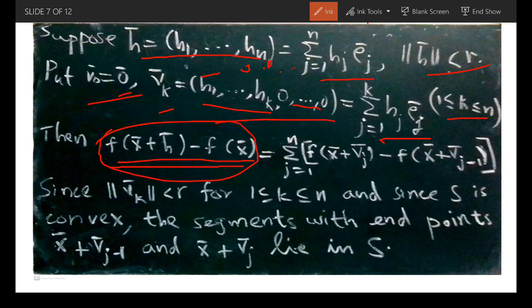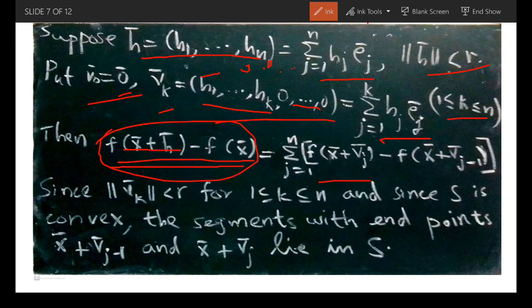Now you do some kind of telescoping. So how do you do that? So this is f of x plus Vn minus f of x plus Vn minus 1, plus f of x plus Vn minus 1 minus f of x plus Vn minus 2, plus etc. plus f of x plus V1 minus f of x plus V0.